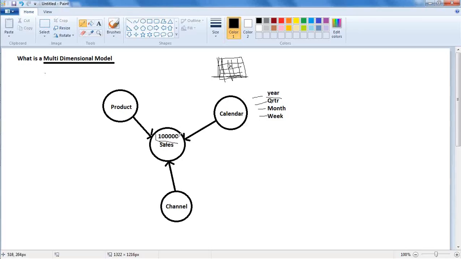Suppose I would like to understand which quarter has got more money in this 100,000. Suppose I might have done 50,000 in the first quarter itself, and in the rest of the three quarters I might have done the other 50,000.